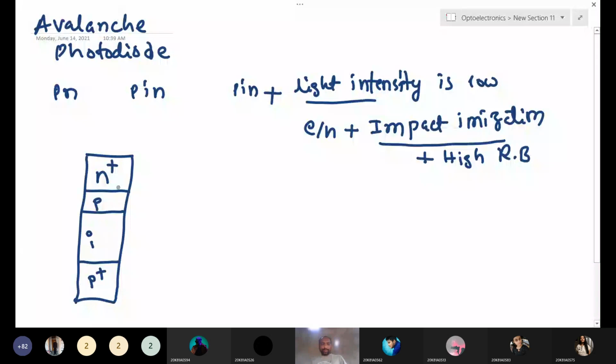So if you draw the electric field profile for this structure, this is the simple depletion width, and along the x-axis we take the electric field.